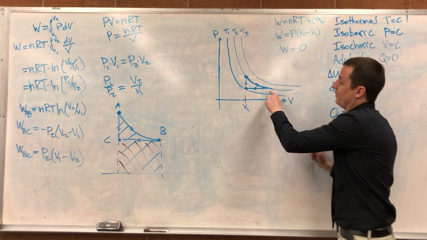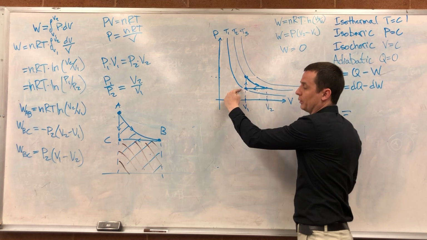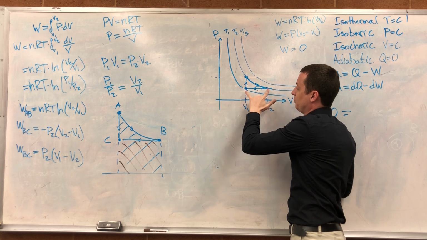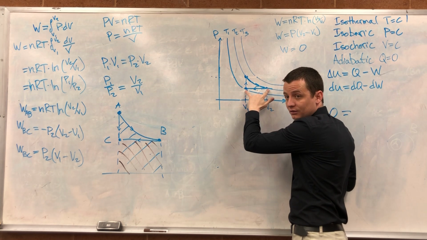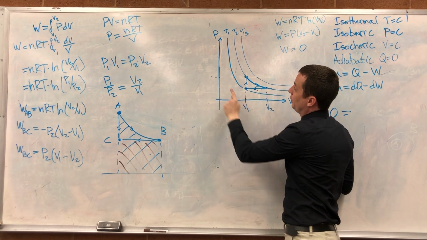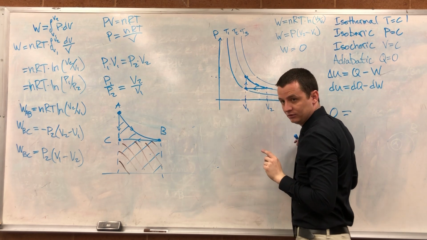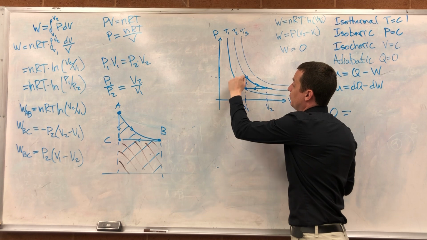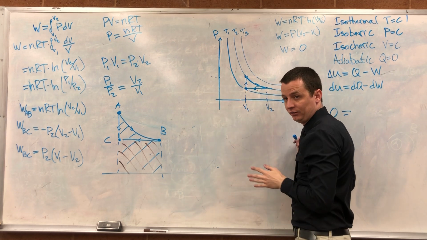Since this is all at a lower pressure, the amount of heat we need to take out of the system to lower its temperature is less than the amount of heat we add here, because the pressure keeps increasing as we go. And so it takes more joules to create the same amount of temperature increase.